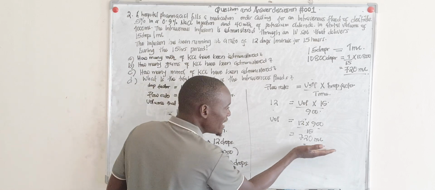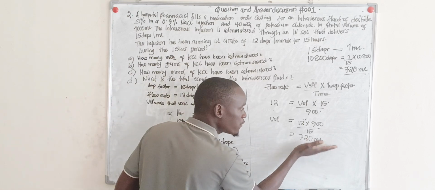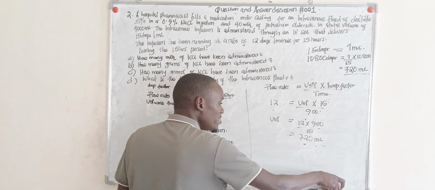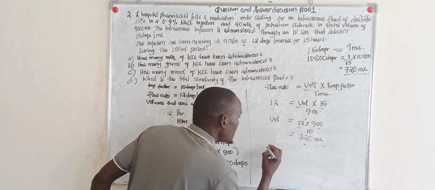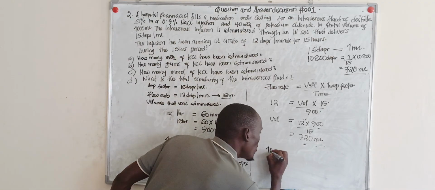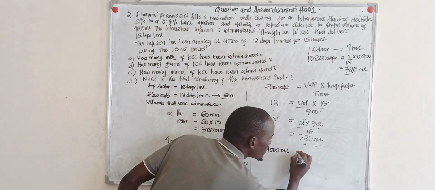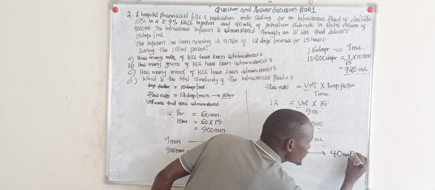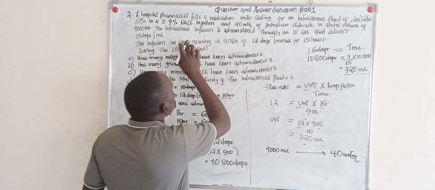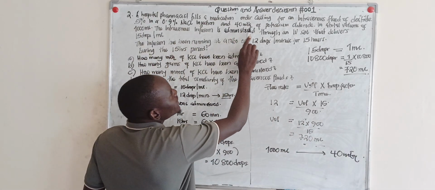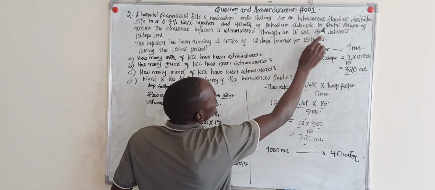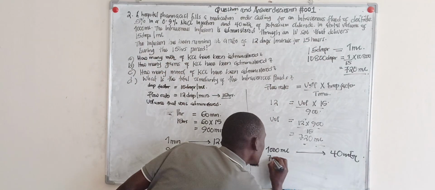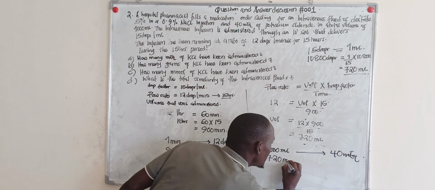After obtaining now the volume of the solution that was delivered in 15 hours, we are now going to say that 1,000 mL of the solution contains 40 milliequivalents of potassium chloride from our question. How about the 720 mL?